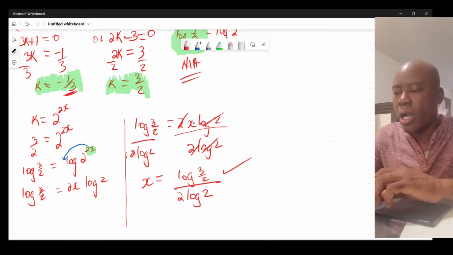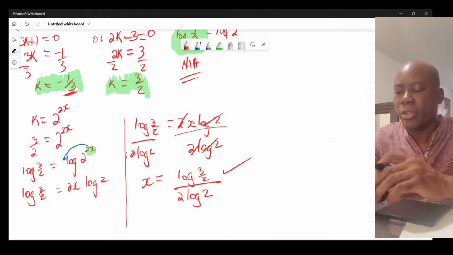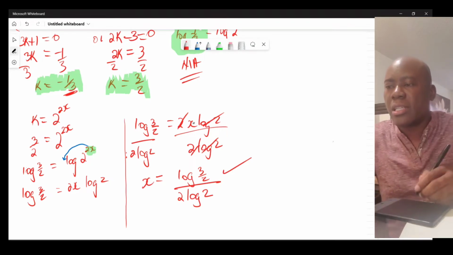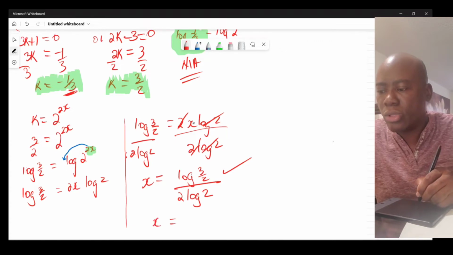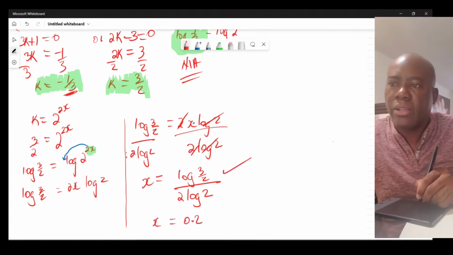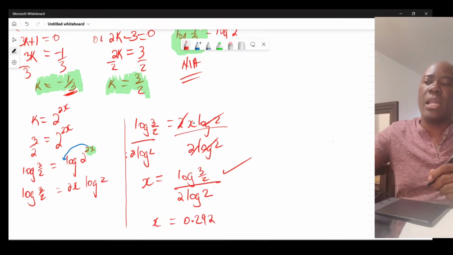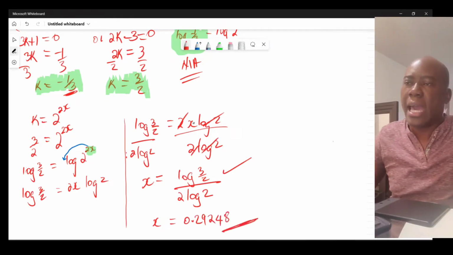So if we want the log of 1.5, or 3 over 2, and we want to divide that by 2 log 2, it's going to tell us that x is equal to 0.292, and we go on, and you know, we could stop there. So that would have been the response that we need.